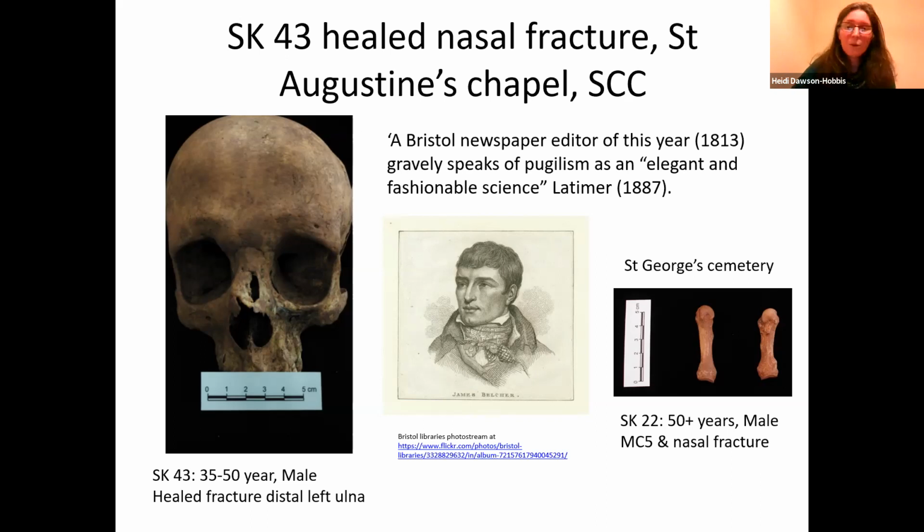And it was something that was very popular in Bristol at the time. In fact, it wasn't just the men that were involved either. There's an image here of a famous Bristol boxer called James Belcher, but there's also in another newspaper article a story of his sister having a 50-minute fight in the streets of Bristol, being urged on by her mother. So the women were getting in on the act as well.